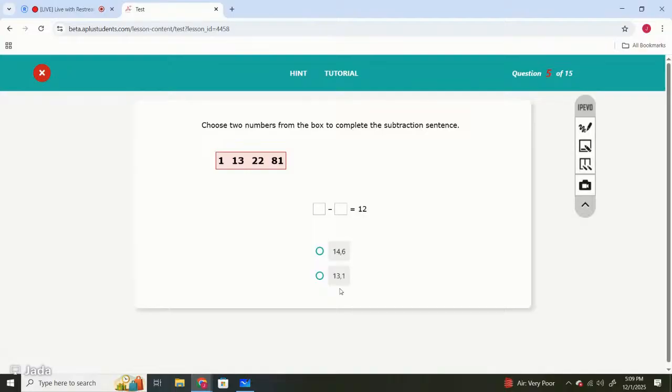Option number 1 is the correct option. 14 take away 2 is 12.